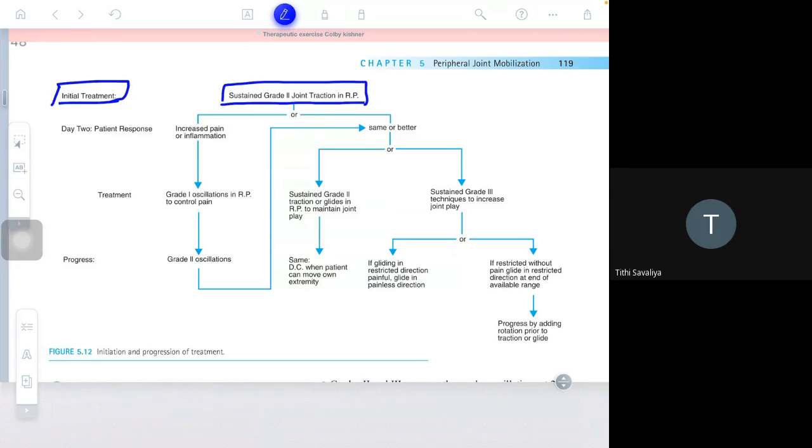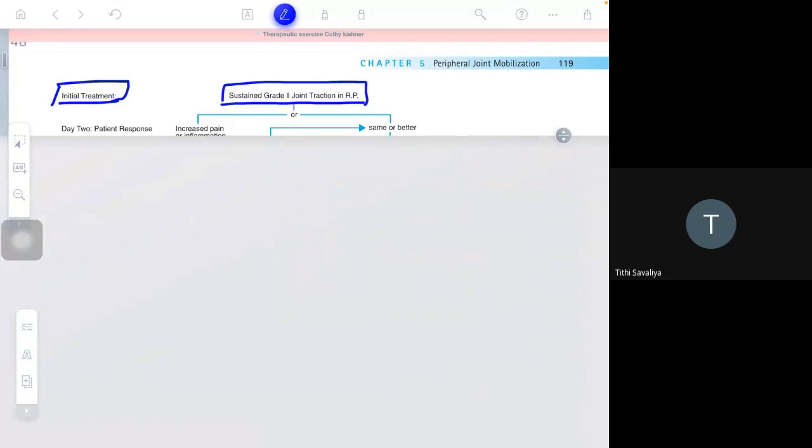Suppose a patient is coming to you with limitation of range of motion, for example, the shoulder joint range of motion is limited. I will discuss with an example. A patient is coming with pain and limitation of range of motion.